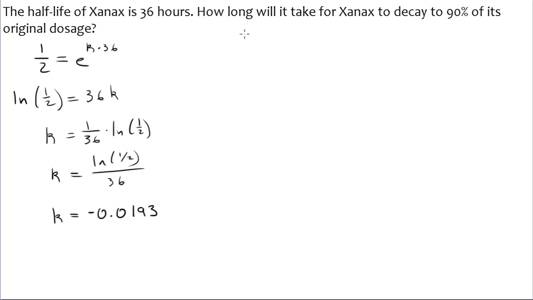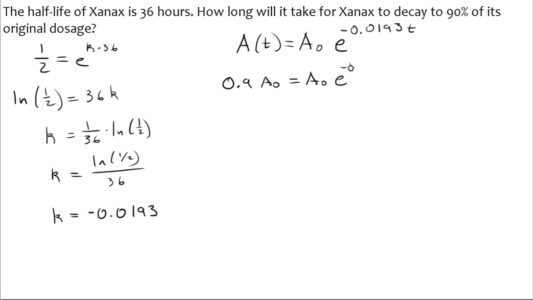That makes my model for A of t equal to A naught e to the negative 0.0193 t. And we're looking for 90%, so 0.9 A naught, of the original dose, is the original dose times e to the negative 0.0193 t.